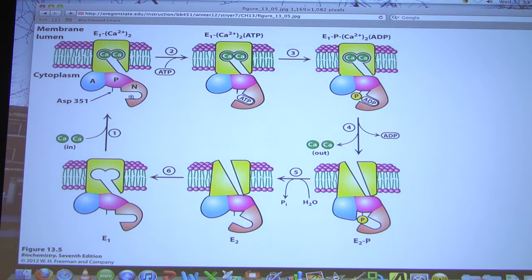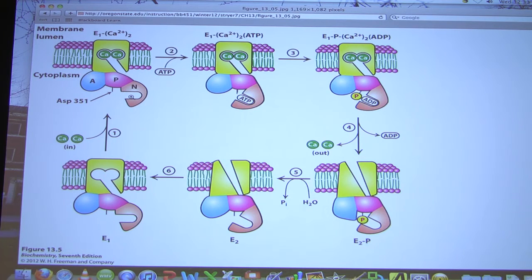All right. Let's take a look at a P-type ATP using transport protein. This is a protein that is involved in transporting calcium, and it's moving calcium against a concentration gradient across a membrane.